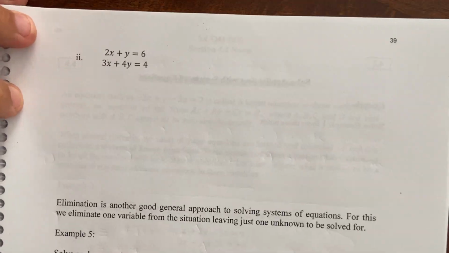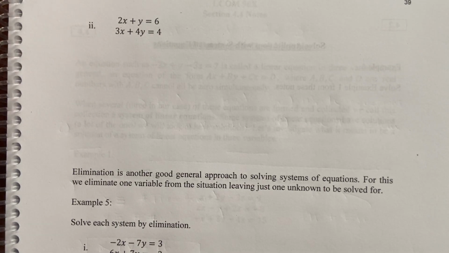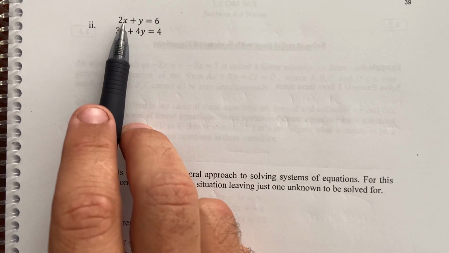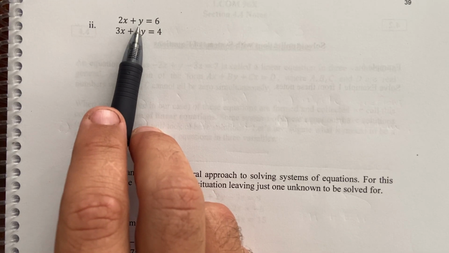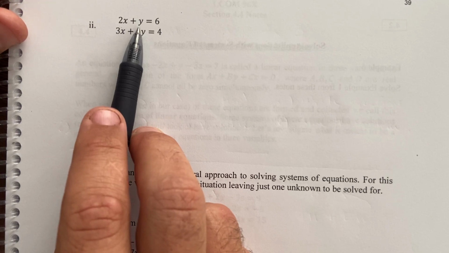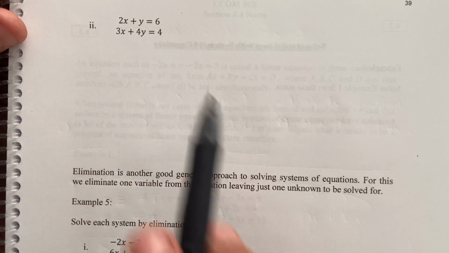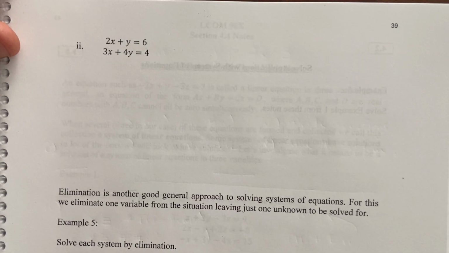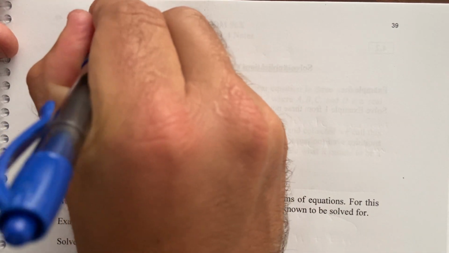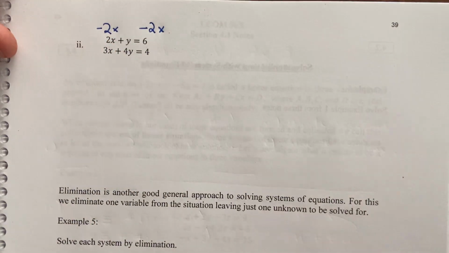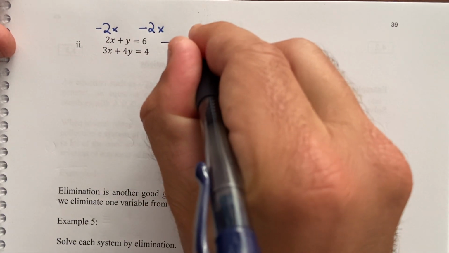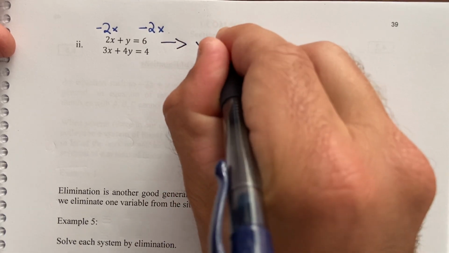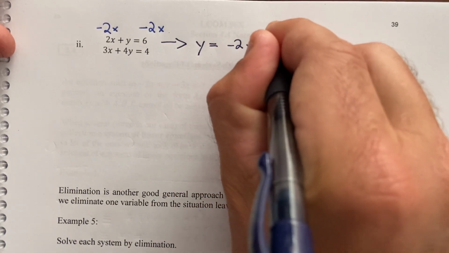Here, you just need to do a little bit of work. And you can make any of the choices available, right? You can isolate this x, you can isolate that x, you can isolate that y. I would prefer to isolate that y just because it'll be the easiest of those 4 choices. So I'll get you going on this one. So we would have the first equation as y equals negative 2x plus 6.